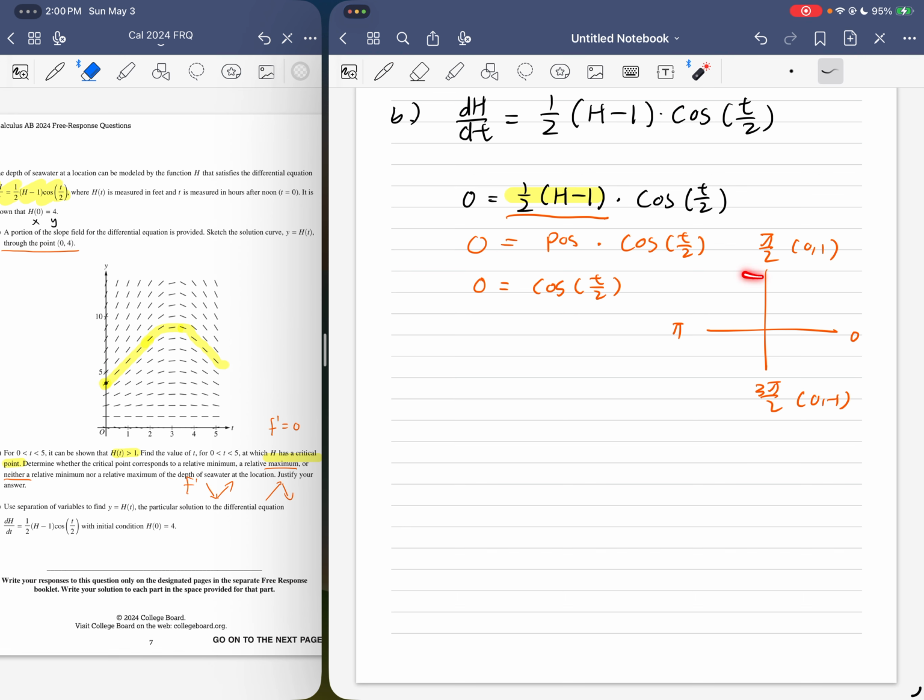Cosine becomes 0 at pi over 2 and 3 pi over 2. Okay? But it's not t, it's t over 2. So t over 2 should be equal to pi over 2, because then this is going to be 0. Therefore, t is equal to, how do I get rid of this? Pi.